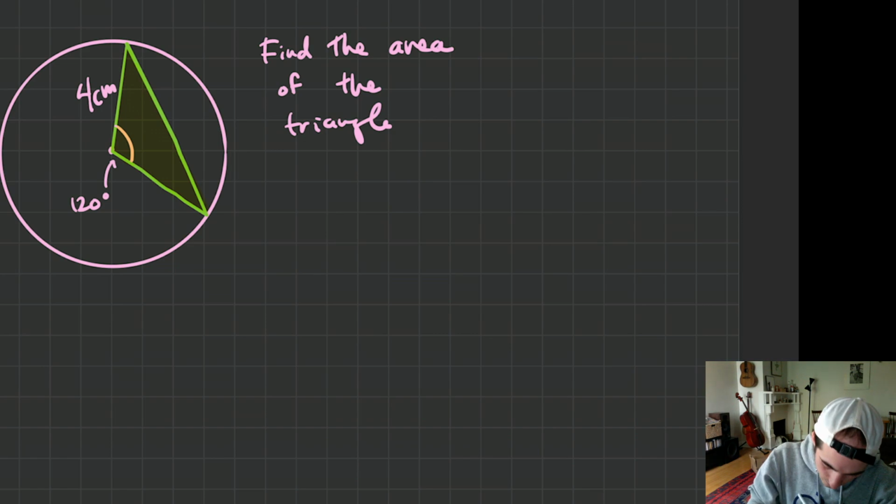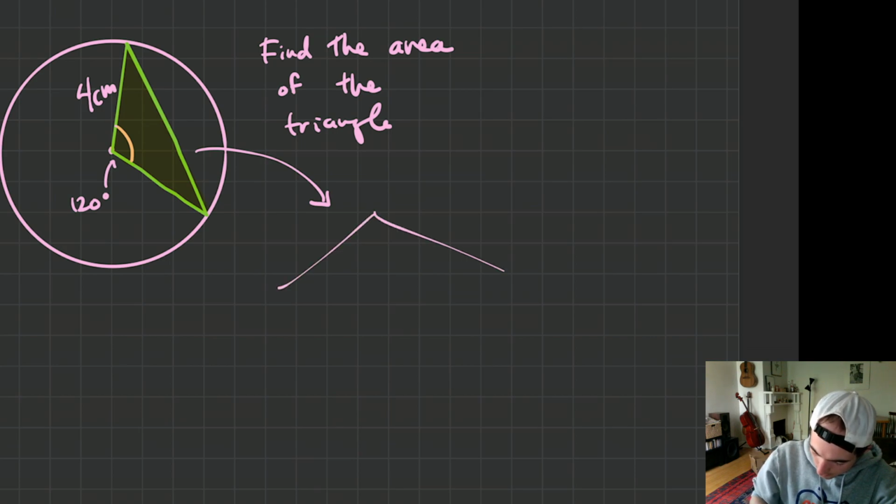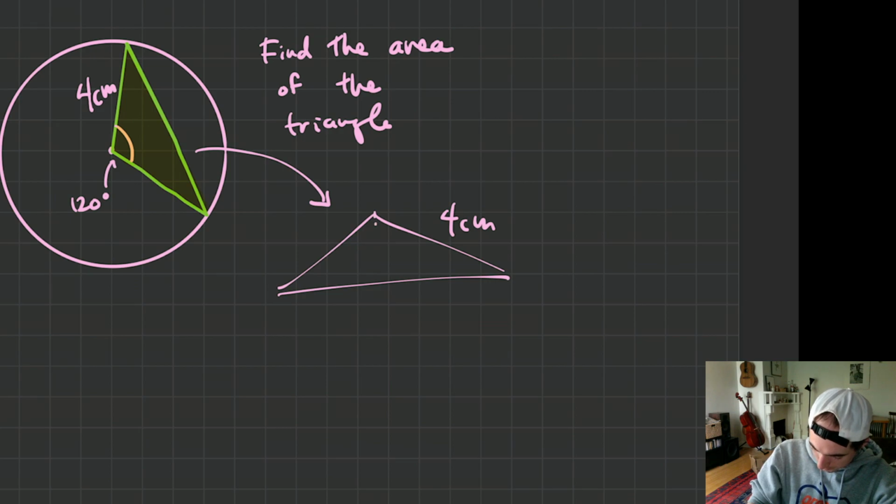I'm not going to solve this one for you, but I'll show you one way of doing it. I'm going to copy this triangle out. So this is 4 centimeters. The trick here is to try to find the height of the triangle, and that's going to give us basically a right angle triangle.